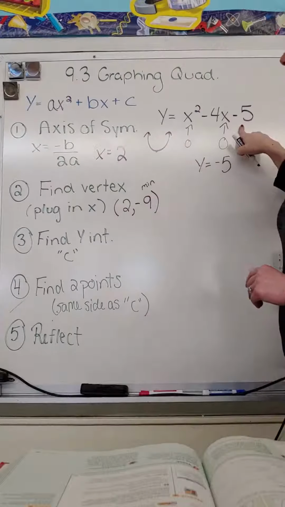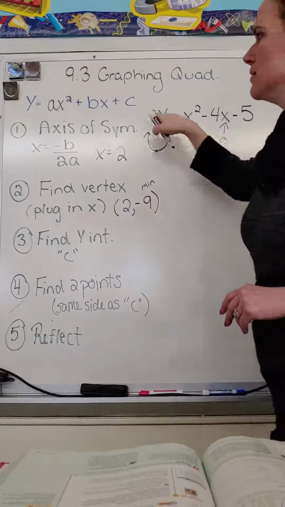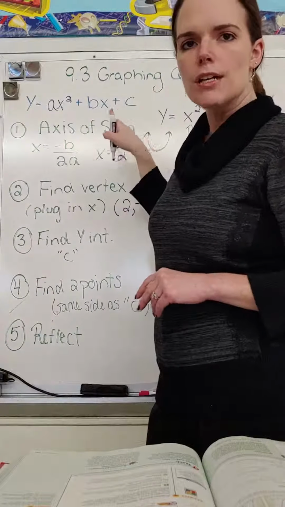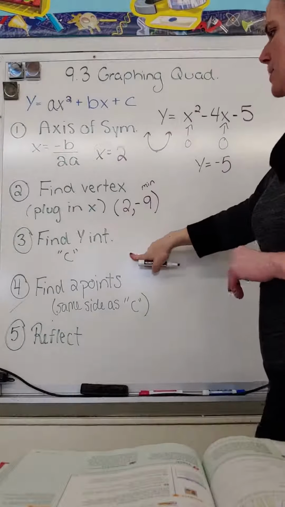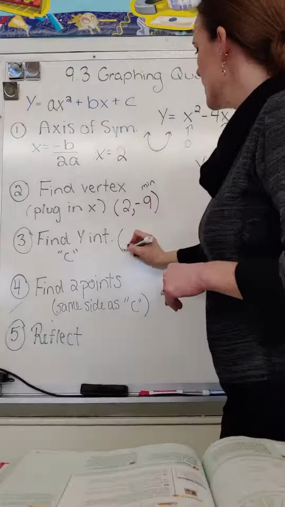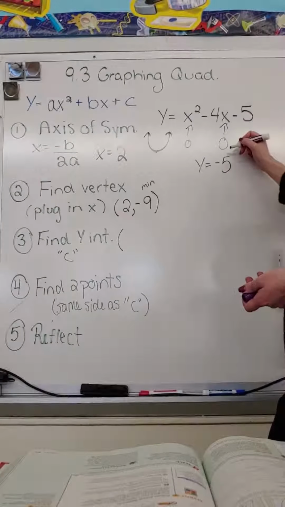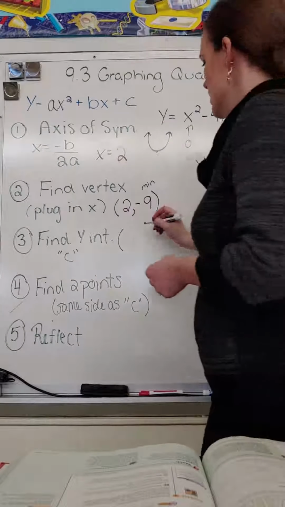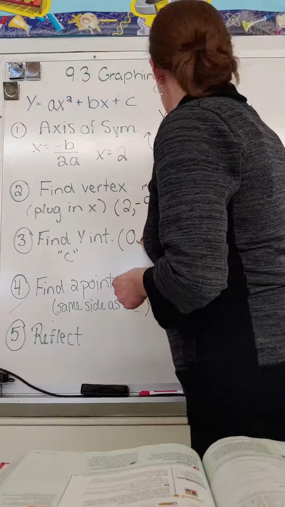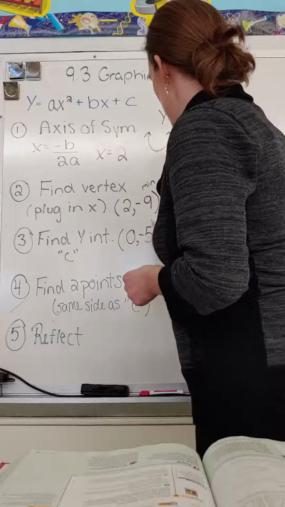Your c value in a quadratic function is always going to be your y-intercept. So again, you get that c value because y-intercepts are where you plug zeros in for x. So y-intercept is 0, comma, negative 5.